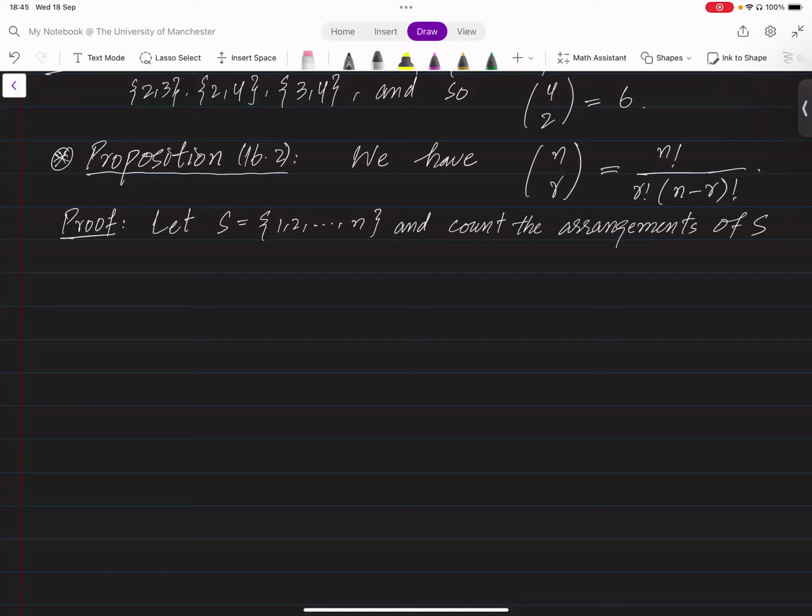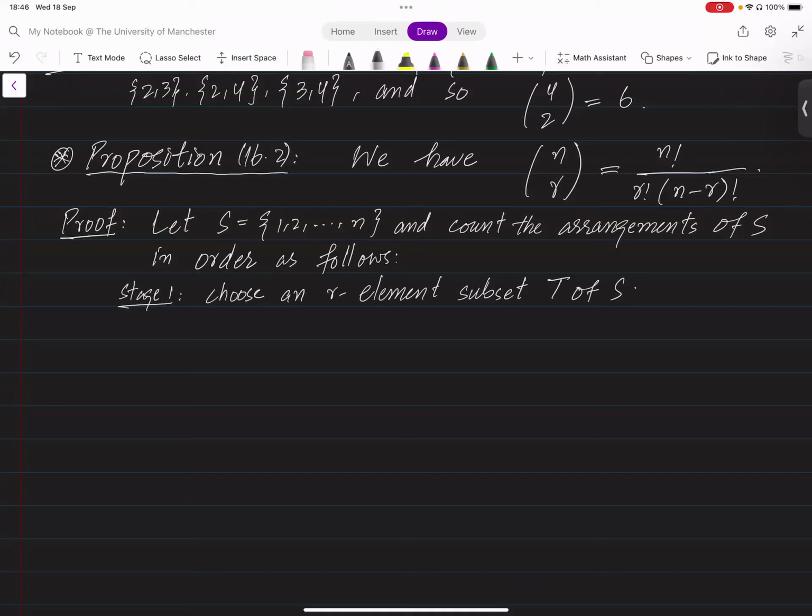Stage one is to choose an r-element subset T of S. There are n choose r choices.